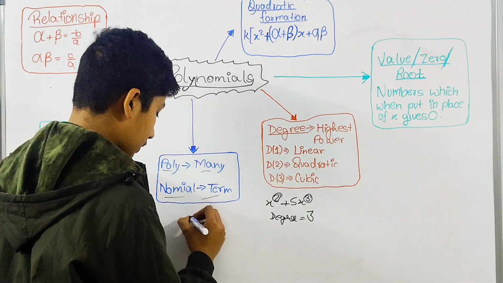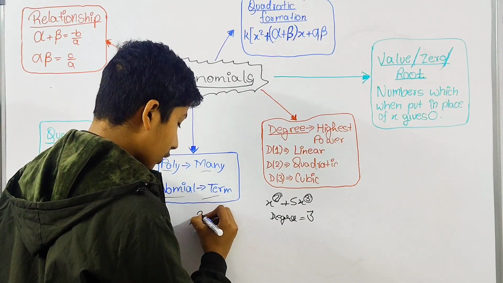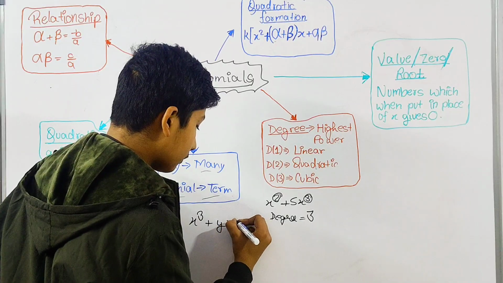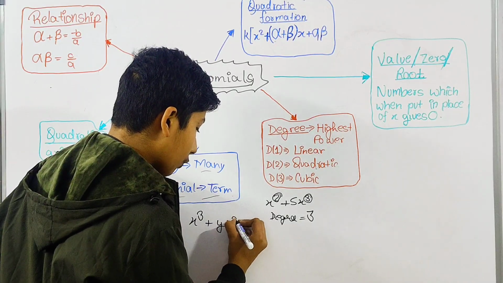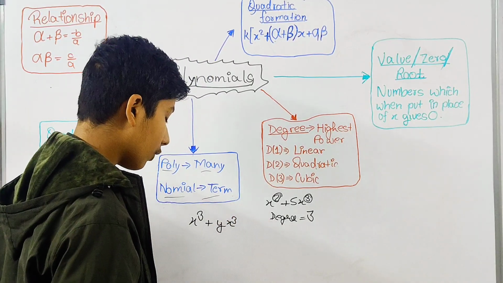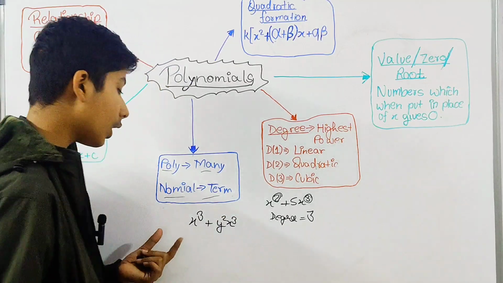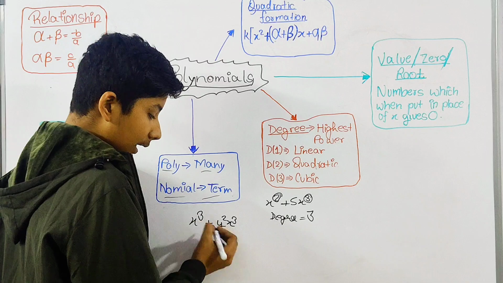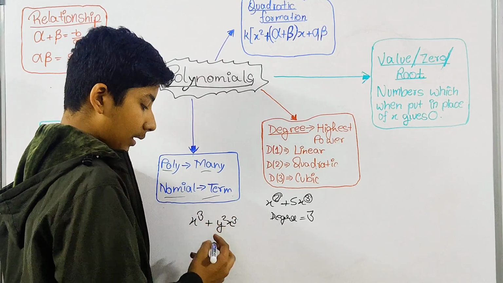Now one more question. x cube plus y x cube. Now here square. Now if you see what is the degree here, you will say 3 because 3 is here, 2 is here and 3 is here.